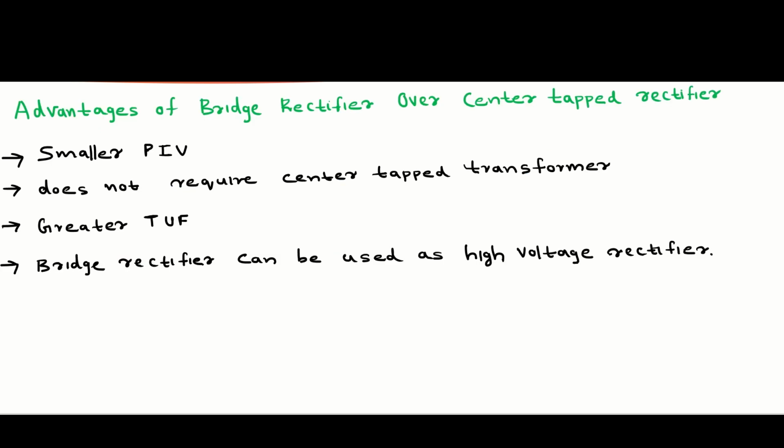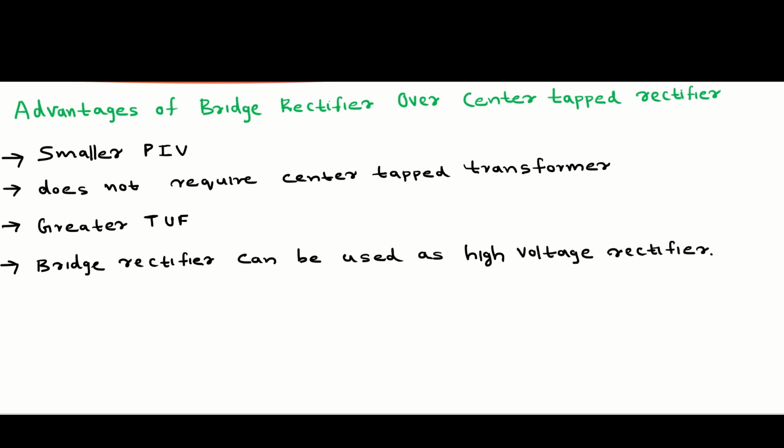And next, what are the advantages of bridge rectifier over center tapped rectifier. A bridge rectifier has smaller PIV, which is equal to Vm, whereas in center tapped rectifier peak inverse voltage is 2 Vm. The next point is it does not require a center tapped transformer.